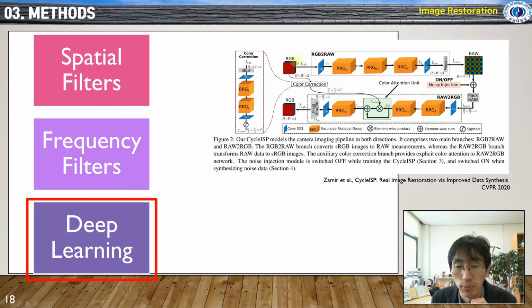There is a source image, and it is converted into a feature image. Inside of this blue dashed box is the network structure of deep learning.